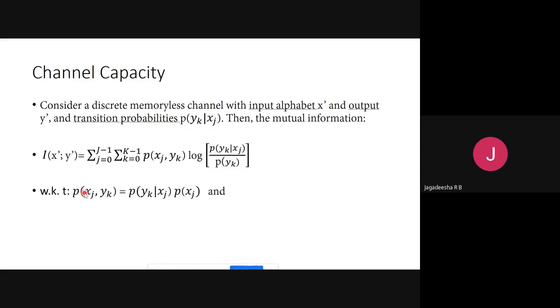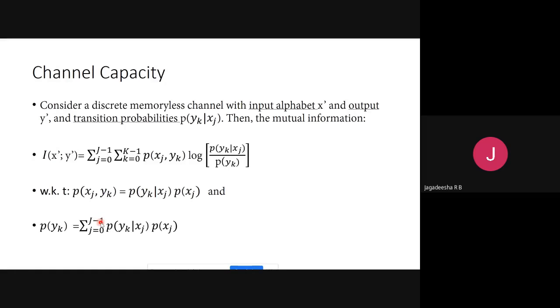Here the joint probability is represented this way. We know this: the joint probability is nothing but the probability of input multiplied by the probability of output with respect to the input. And the probability of output is nothing but the probability of input multiplied by the conditional probability of output, for all possible input symbols.